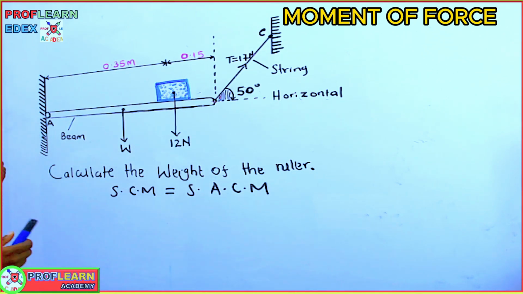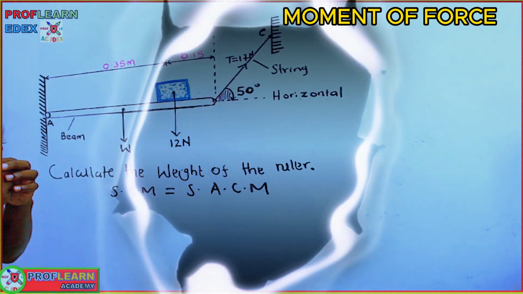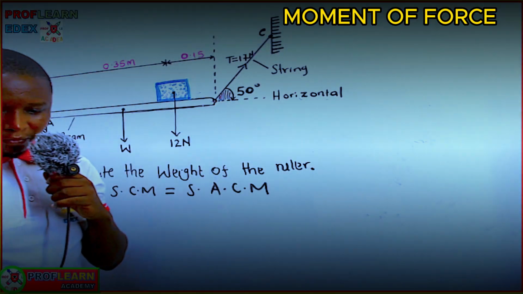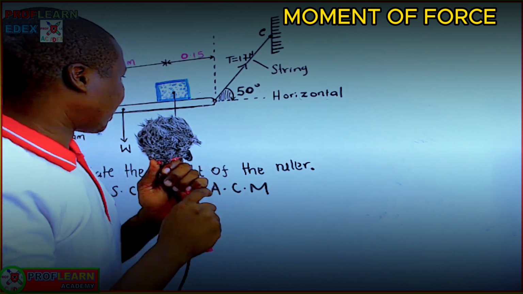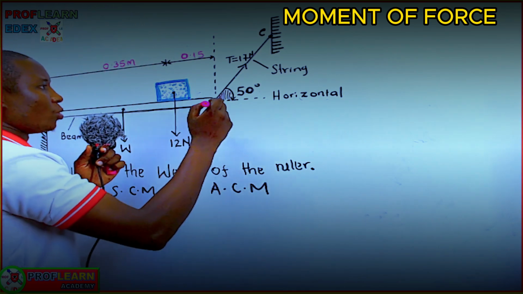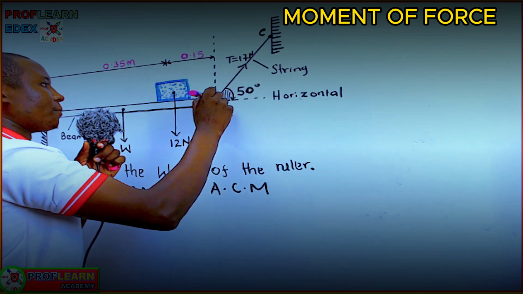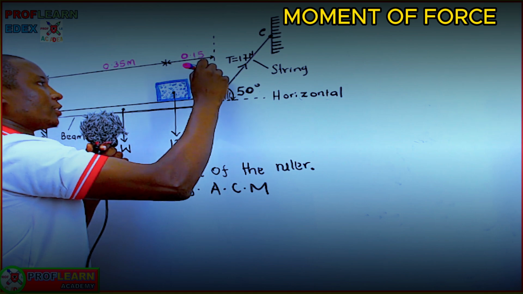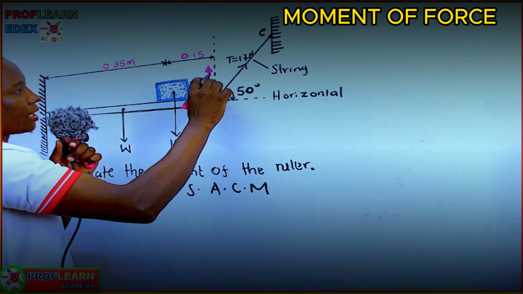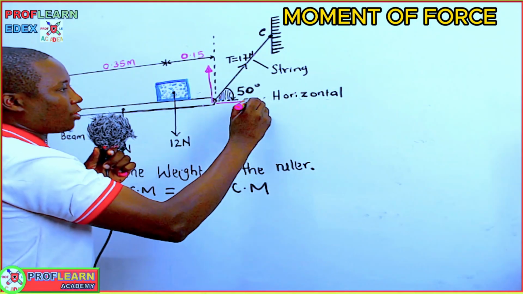However, we cannot use it the way it is. We need to resolve this vector into its vertical component, because the tension has a horizontal component and a vertical component.